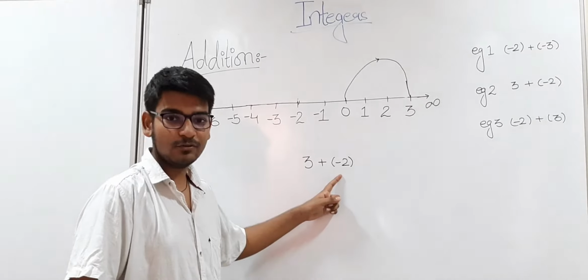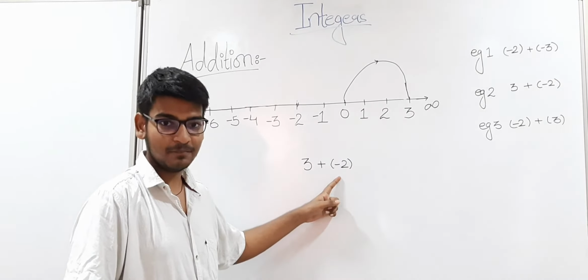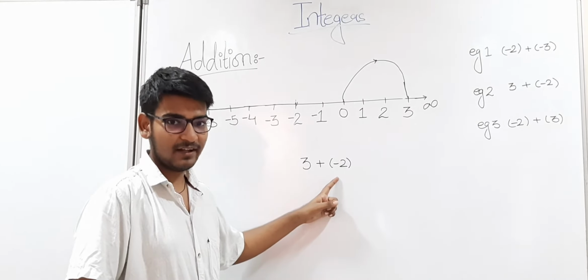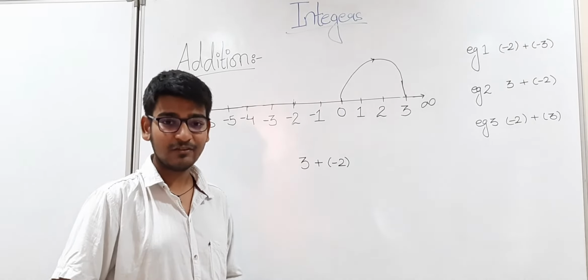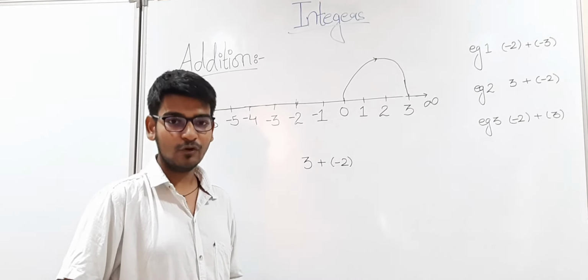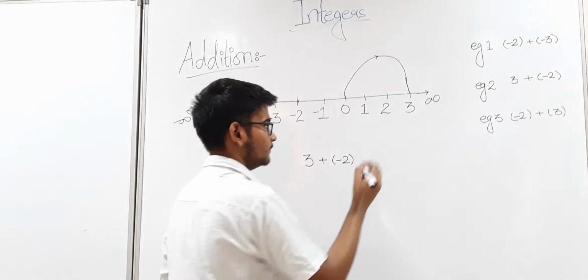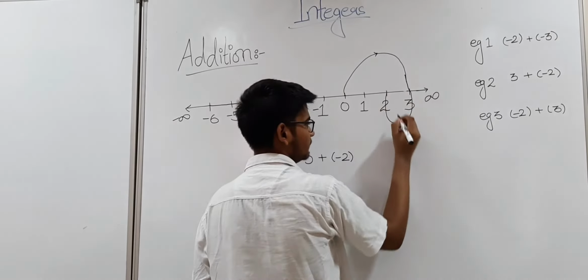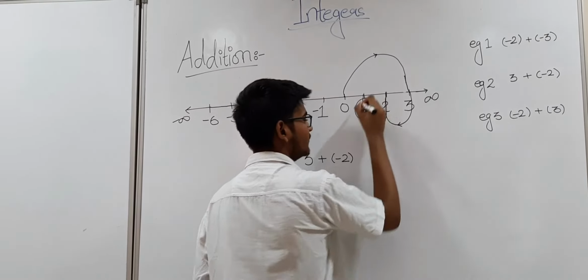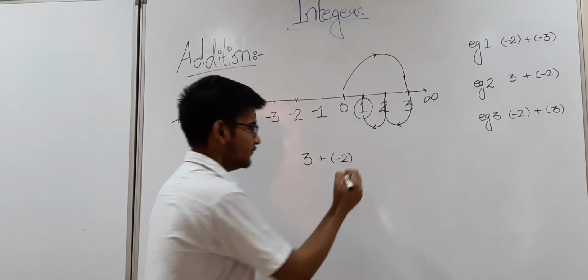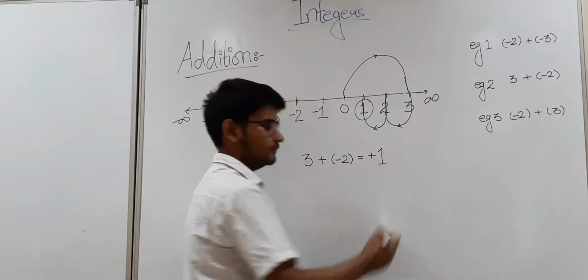Since minus 2 has a negative sign, we will move towards the left hand side. And since the absolute value of minus 2 is 2, we will move 2 steps towards left. That will be 1 step and 2 steps. So our answer will be 1. That will be positive 1.